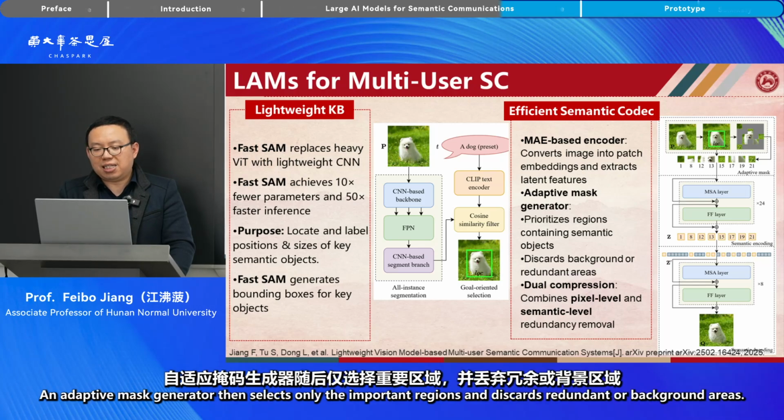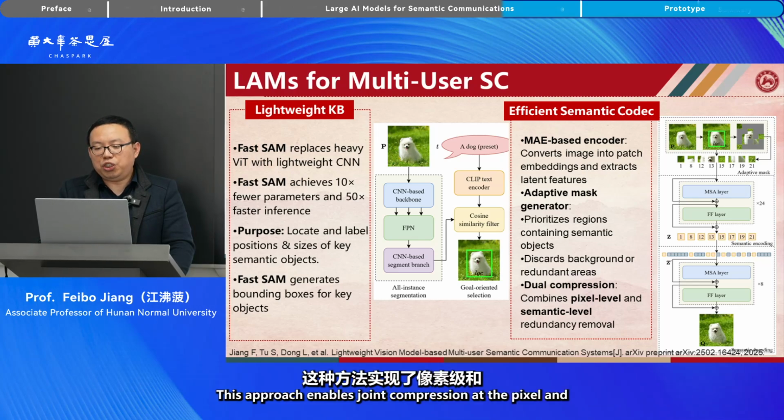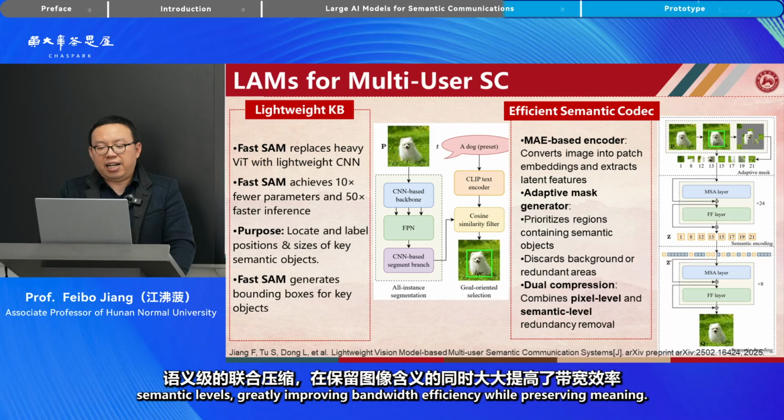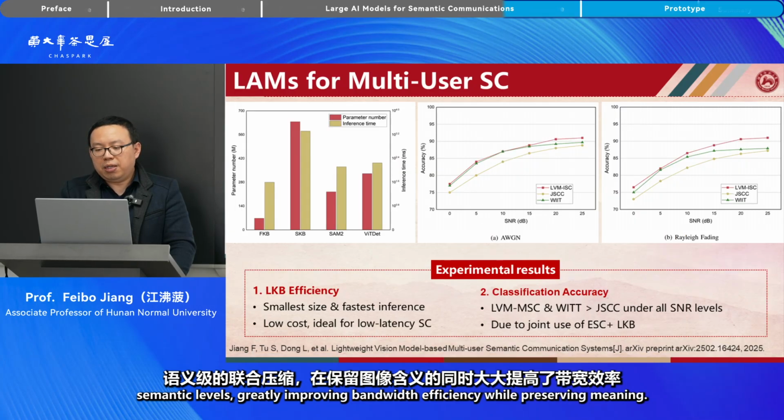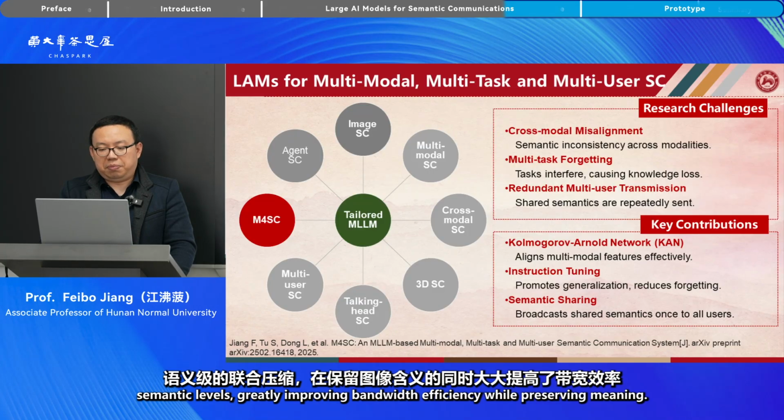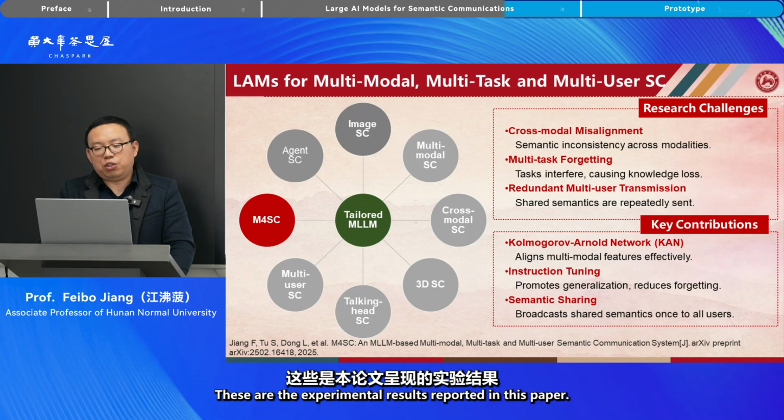An adaptive mask generator then selects only the important regions and discards redundant or background areas. This approach enables joint compression at the pixel and semantic levels, greatly improving bandwidth efficiency while preserving meaning. These are the experimental results reported in this paper.